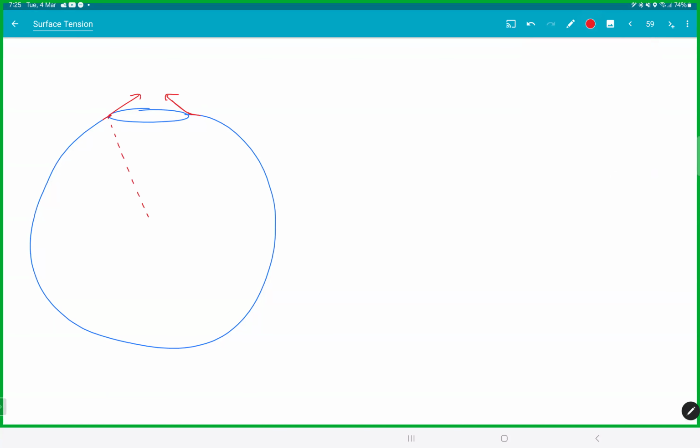That would be a tangent here. So this would be the center. This is radius R. This is radius A. This is your contact angle theta.